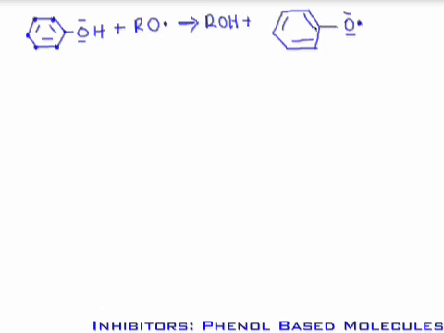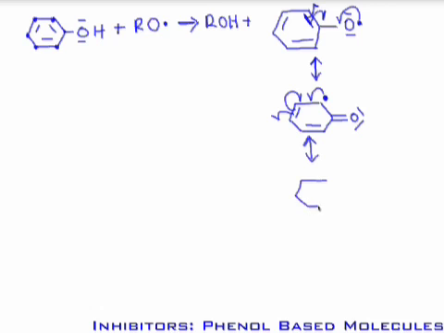The interesting thing about this phenoxy radical is that it is resonance stabilized. I can move pi electrons with fishhook arrows where the electrons of the pi bond here are splitting up. One joins the radical, makes a new pi bond here, putting the dot in this position. And if we continue doing that process, we can move the dot right around the ring.